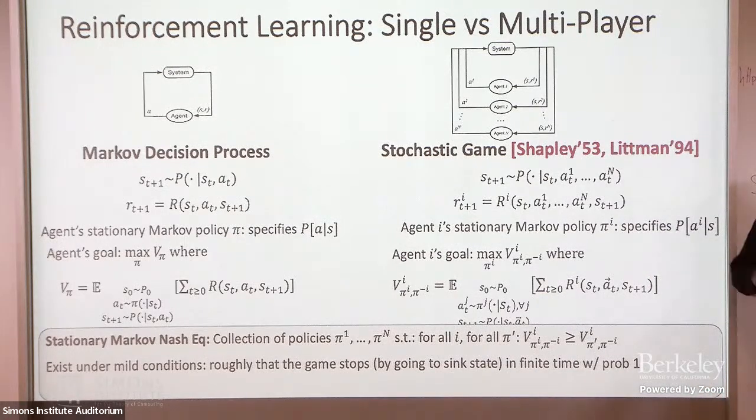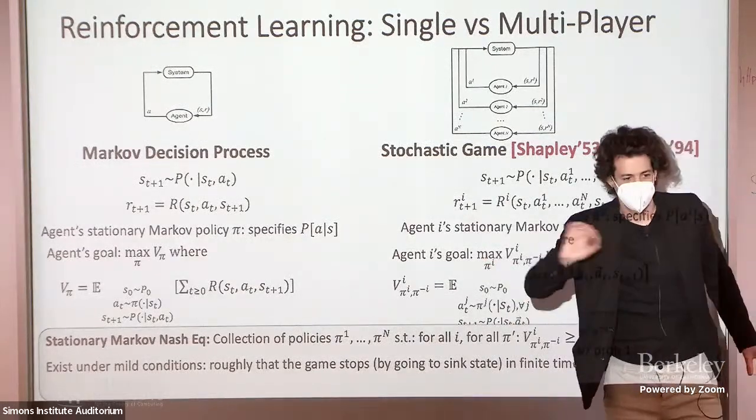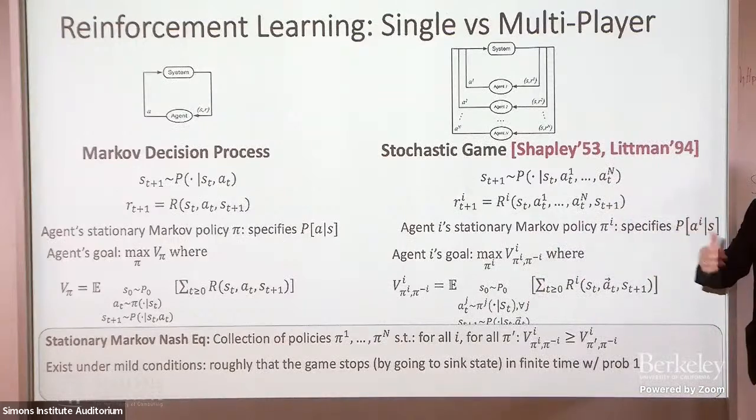As long as at every round you chip off a little bit of probability going to that sink state, as long as your game terminates with probability 1, and it's not an infinite game, an infinite trajectory, stationary Markov equilibria exist. So that's pretty surprising given the non-concavity of the utility functions in your own strategies.